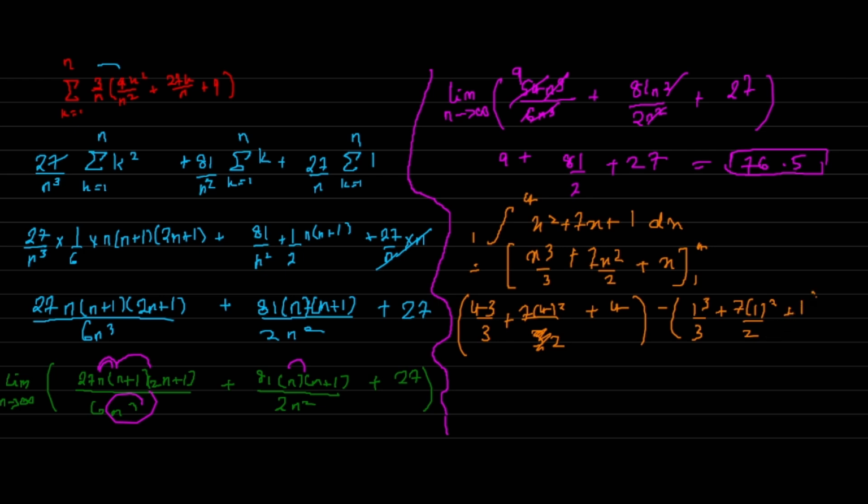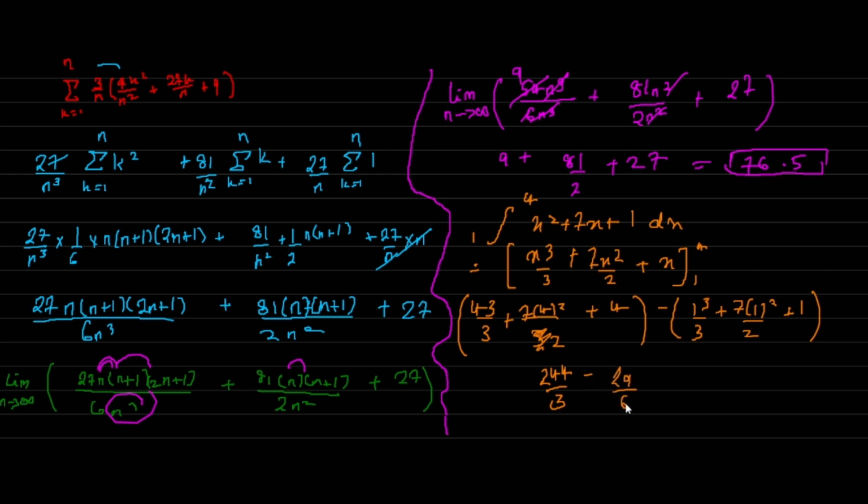So when we evaluate this, we have x cubed over 3 plus 7x squared over 2 plus x, and then we plug in 4. That gives us 244 over 3 minus, when we plug in 1, we get 29 over 6.